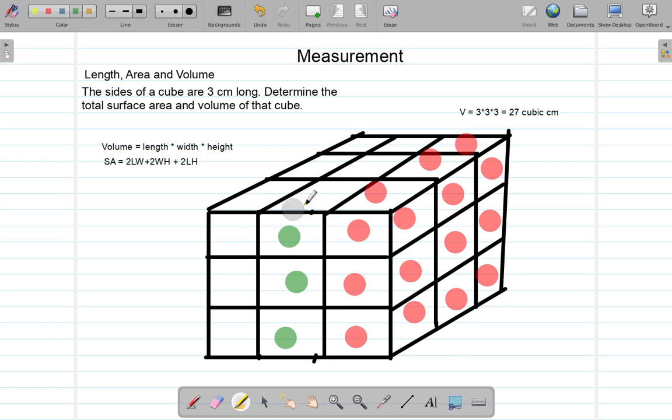This cube at the top, let's dot the top of it. This one, we cannot see the other side, but we can see the top. But we know there are 2 more below it. So we have 1, 2, 3. Going down, 4, 5, 6.